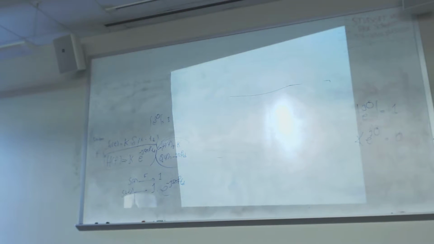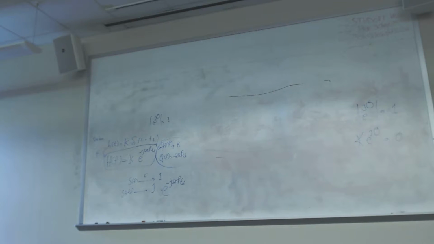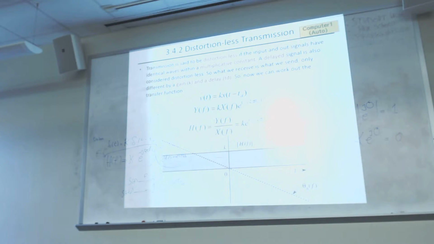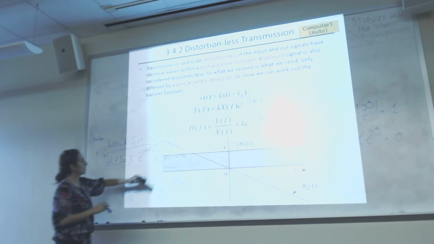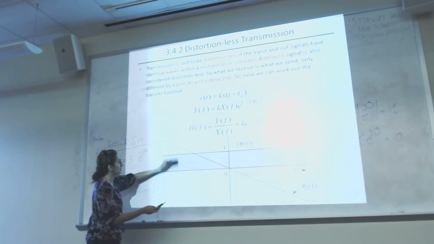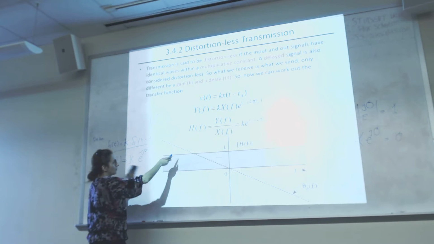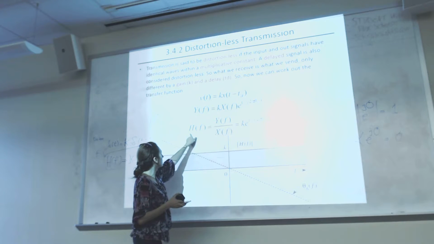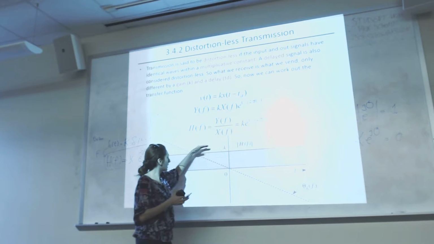Now let's go back to my slide and plot this. So here we have the derivation: H of f is k times an exponential term.